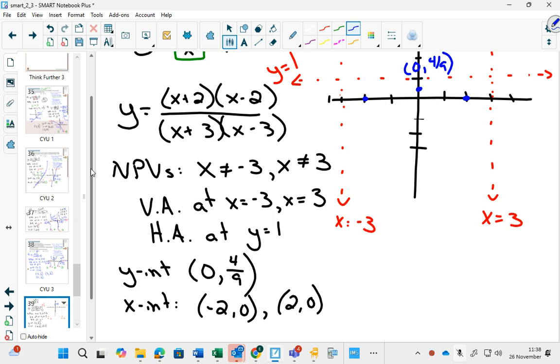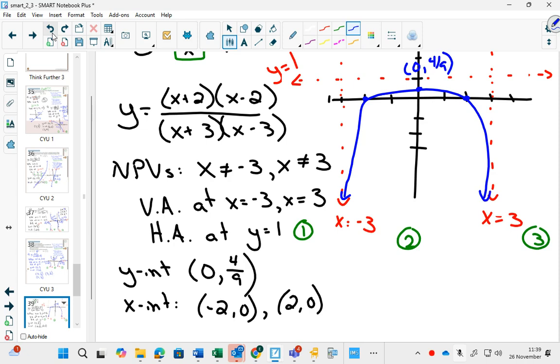All of our points are in section 2. We have no points in section 1. We have no points in section 3. But section 2, do you have enough information? Wow, I wanted blue. There we go. Yes. We have enough in section 2 to draw.